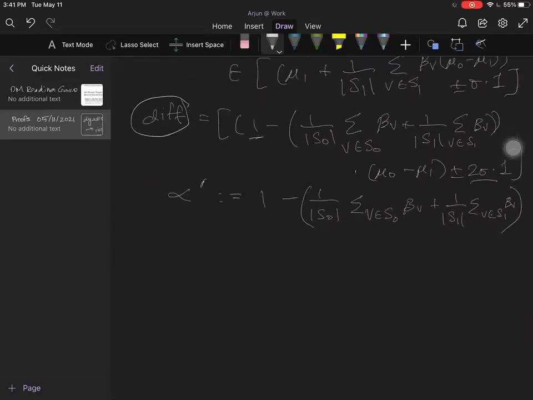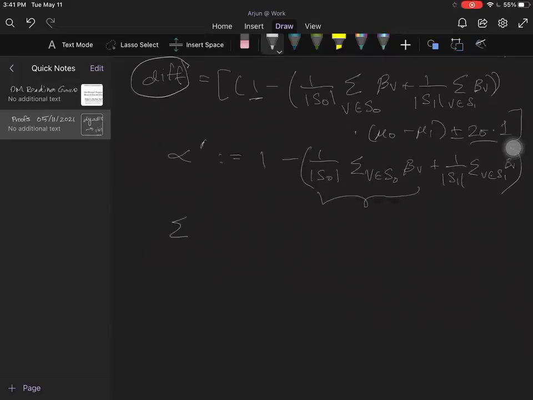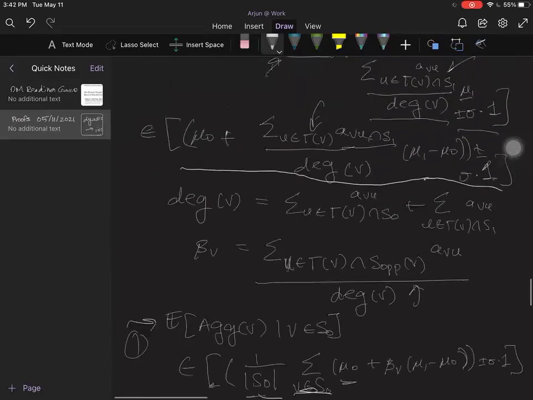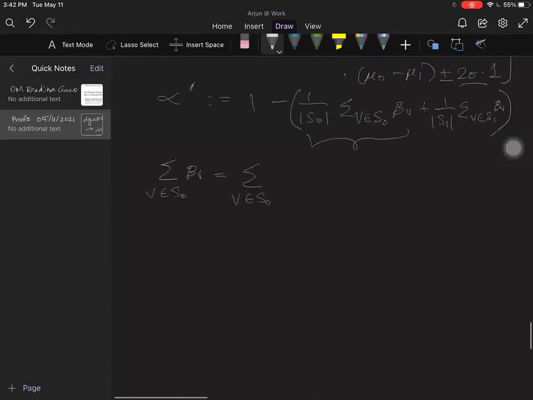So first, we're going to consider this term here. Can we bound that? The answer is, of course, yes, we can do something there. We look at the sum. This is going to be equal to, as we defined above, beta v is equal to the fraction of the weights that are on interlinks over the total degree of a vertex.